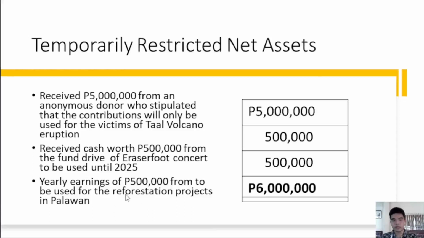And the yearly earnings of 500,000 from the 30 million to be used for the reforestation projects in Palawan. This is the income from the 30 million. By adding these, we get 6 million, which is the total temporarily restricted net assets since there are restrictions in these scenarios.